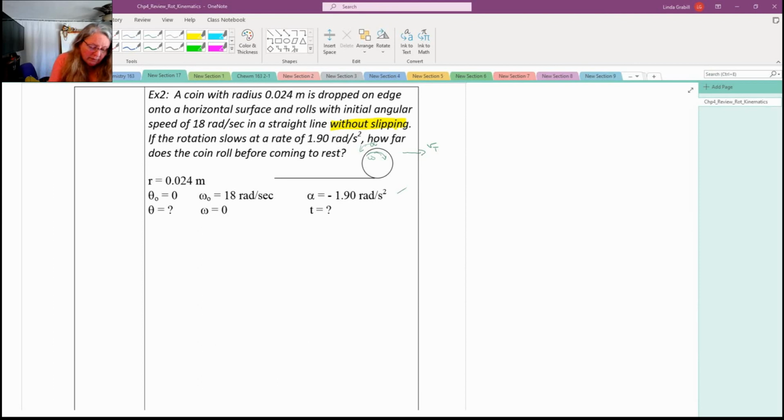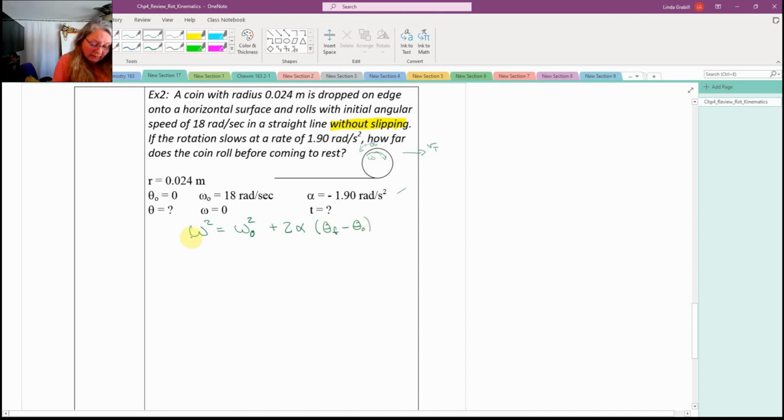So if I look in terms of something like this, omega squared equals omega naught squared plus 2 alpha. Instead of delta x, it's going to be my theta final minus my theta initial. So we're just getting the amount of rotations going through.